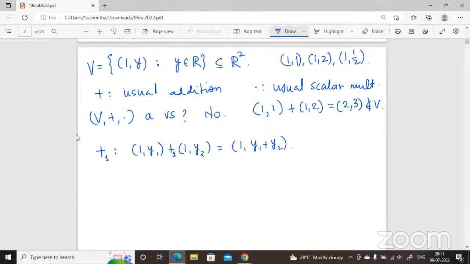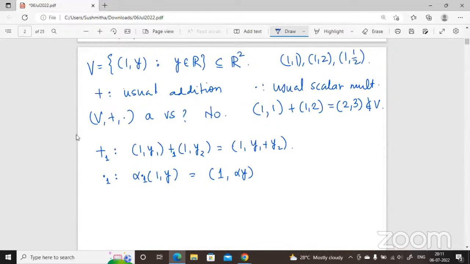The first coordinate doesn't get added up the usual way; 1 is fixed, and y1 plus y2 is the usual addition. Then I define scalar multiplication similarly: alpha times (1, y) is equal to (1, alpha y). Here I am applying the newly defined scalar multiplication, dot 1.